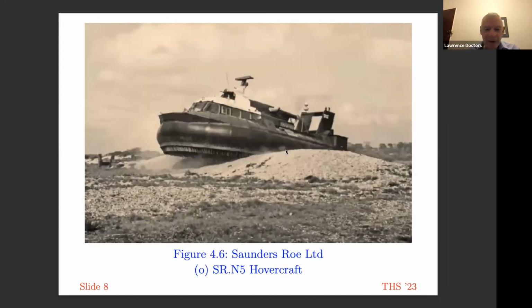Here's a picture of an early version of a skirt, not the earliest, on the SRN5 hovercraft, where we have a bag arrangement around the perimeter of the hovercraft. But the annular jet idea seems to be diminished because we can see the fingers, but these fingers are quite short.